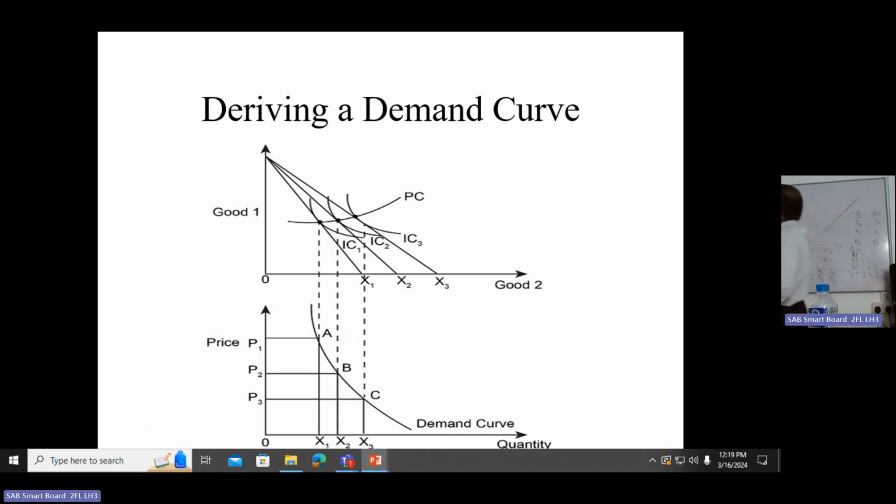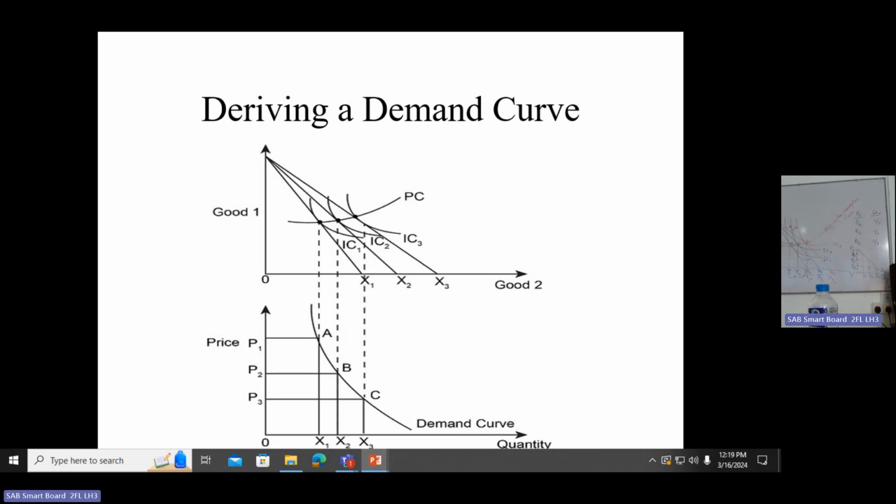Having derived the demand, the story is clear and you can develop your story. So when you go to the different influences on the demand curve, you must be able to explain how you derive it.